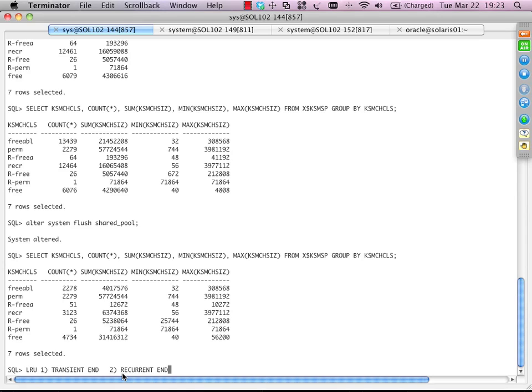So what happens is that if you run out of memory in the free lists, then you first start flushing out things in the transient end, just to get rid of these unused things which are not used anymore. And now when you go through the transient list, you flush everything out and you still don't find a big enough chunk, this is when normally you would have to start flushing out other chunks which are repeatedly used from the recurrent end.